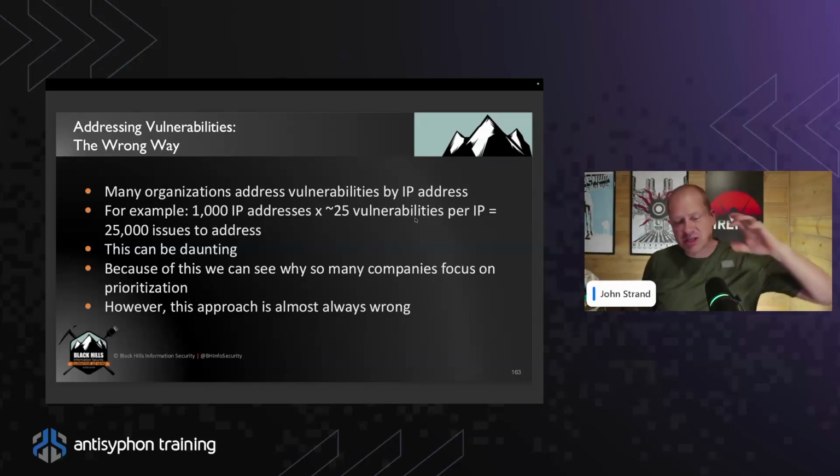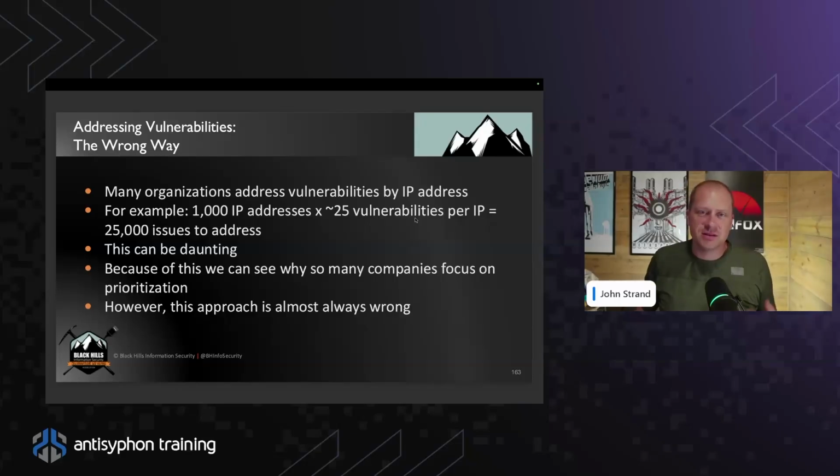So many organizations, when they scan, let's say there are 1,000 IP addresses, and let's say that each IP address has roughly 25 vulnerabilities. Many organizations will look at this as 25,000 vulnerabilities spread across 1,000 IP addresses.